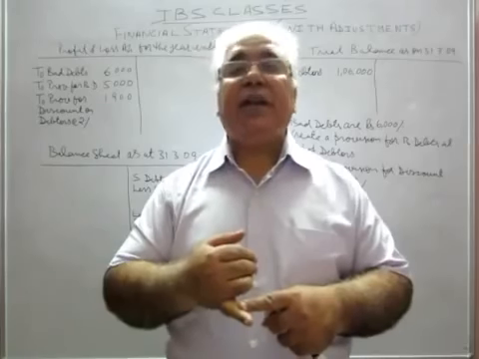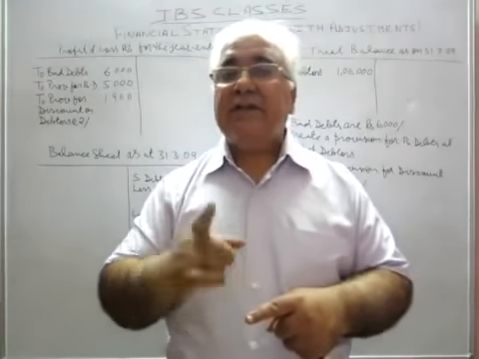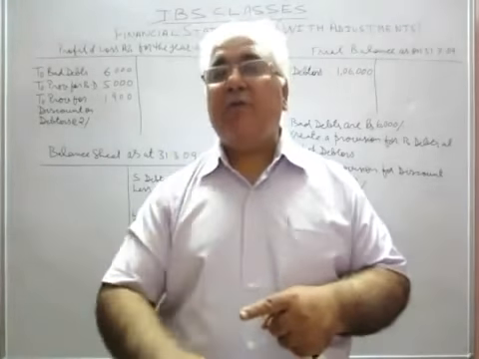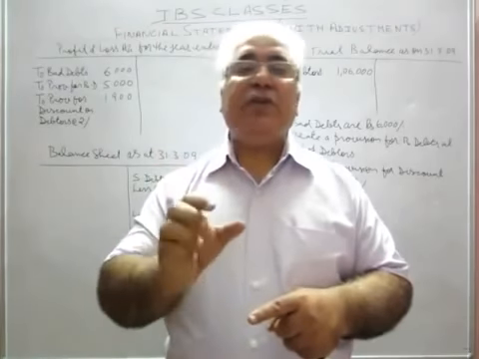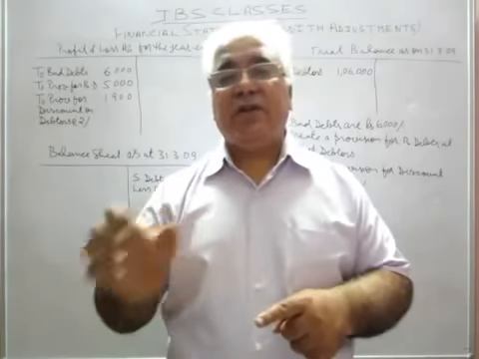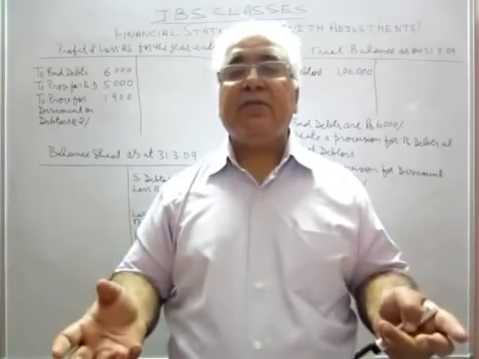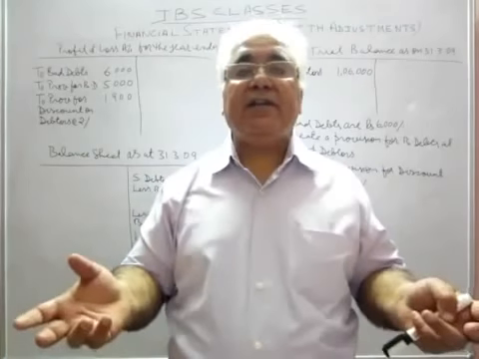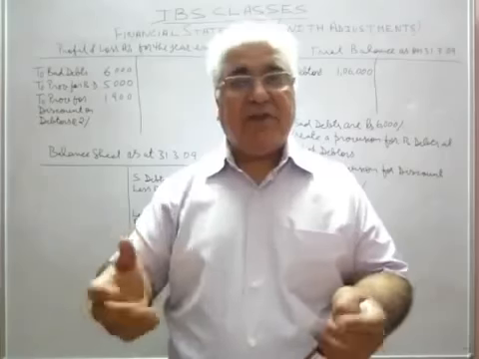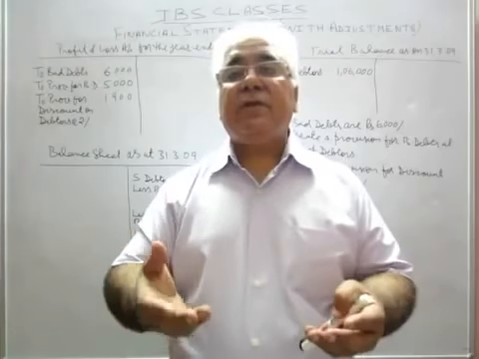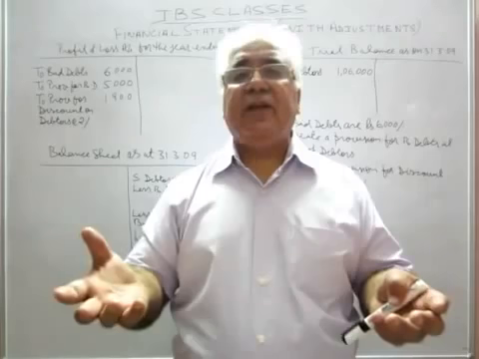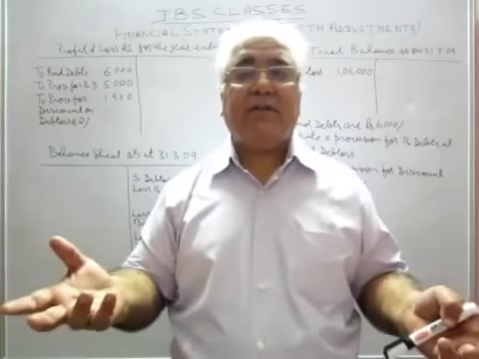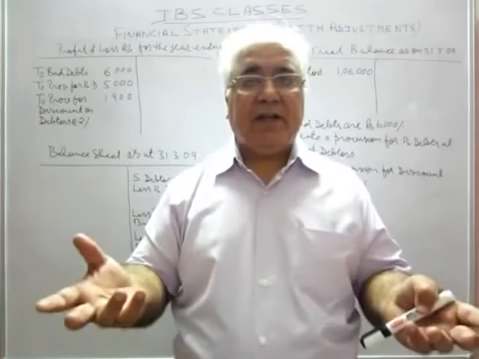And if you need to create any provision for doubtful debts, that amount should also be reduced from debtors, okay. Then on this amount you need to create provision for discount on debtors. Reason is simple, that we need not create provision for discount on those amounts which we are not supposed to get, which we are thinking that we may not get. So there is no point in creating that.